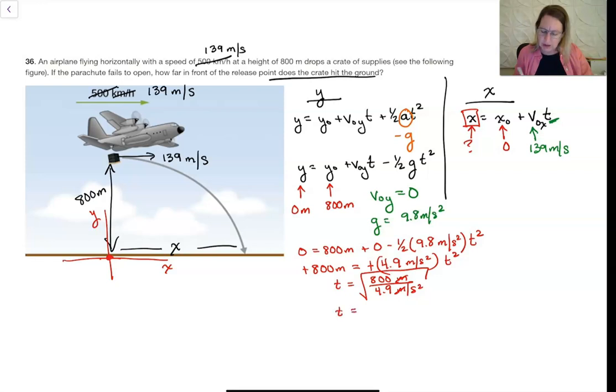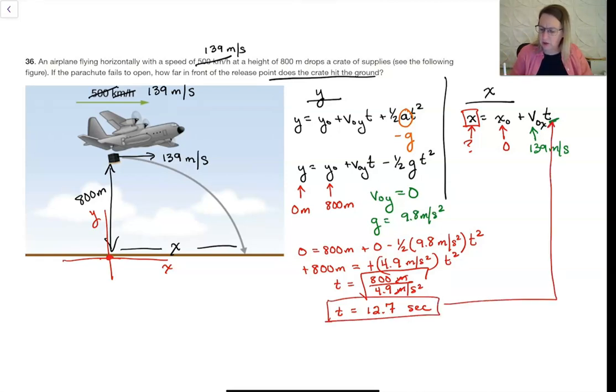So that gives us time is equal to the square root of 800 over 4.9, which when I put it in my calculator, I get 12.7, and that would be seconds. Now all I have to do is take this and substitute it in here.